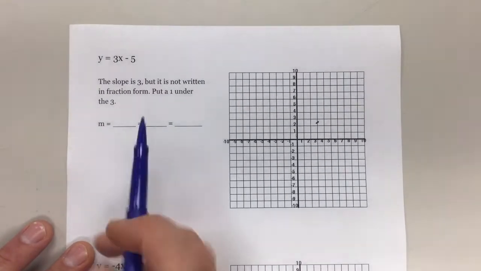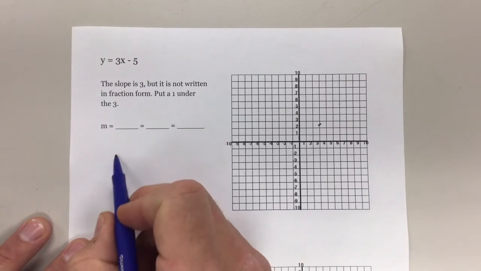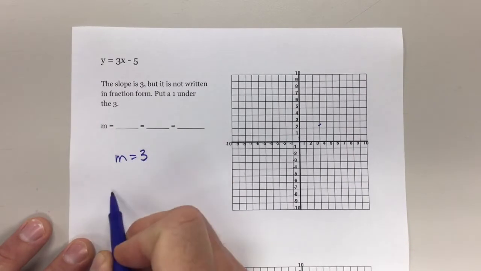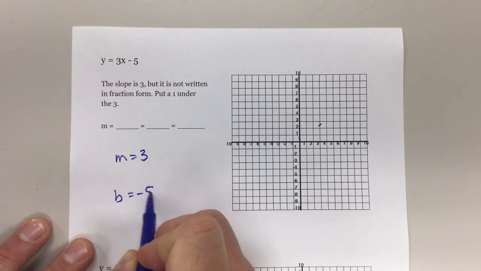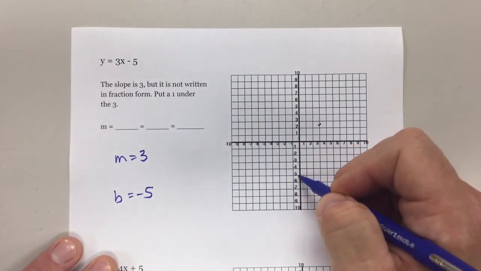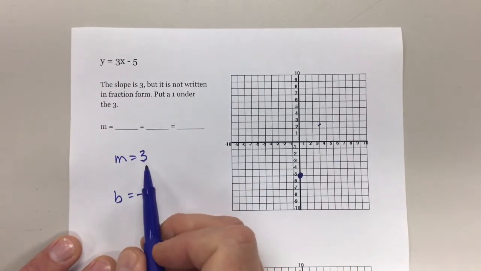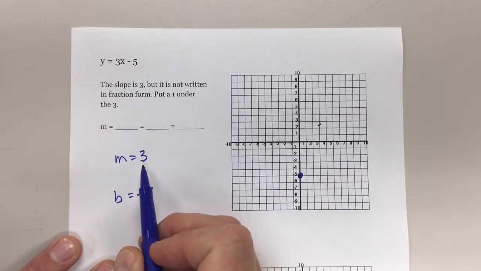All right, here's our new equation, y equals 3x minus 5. Again, the slope is 3, the y-intercept is negative 5. So I'll start at negative 5 with a point on the y-axis. And then if the slope is not written as a fraction, you should change it to be a fraction.